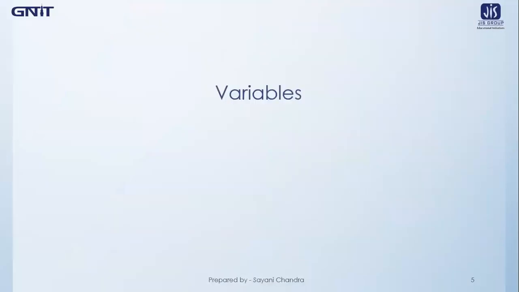So now let us move on to the concept of variables. Now we have already learned the concept of variables in C or C++ languages. So the same concept applied in C or C++ languages is applied in Java language also.